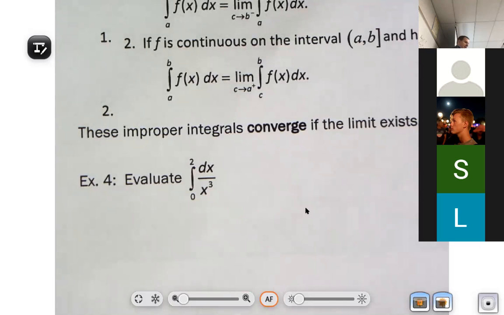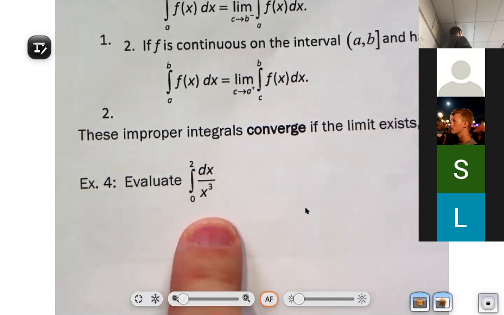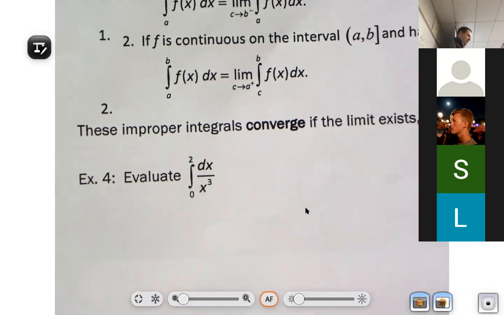What you're going to find out is this integral actually diverges. There is no answer. So if you don't recognize that you're either integrating across a vertical asymptote or one of your limits is a vertical asymptote, you get the wrong answer on these ones. And that's why I'm not a fan, because they are sneaky. You have to be on the lookout for it.